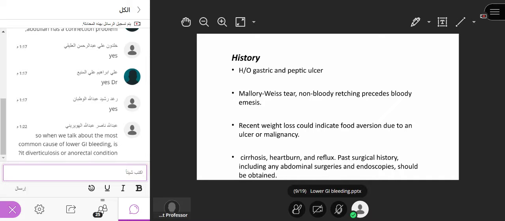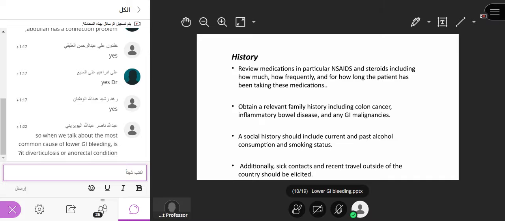Past surgical history, including any abdominal surgeries and endoscopies, should be obtained. You may have different past histories: peptic ulcer, carcinoma stomach, colorectal cancer, constipation and diverticulosis. So history is important to understand.